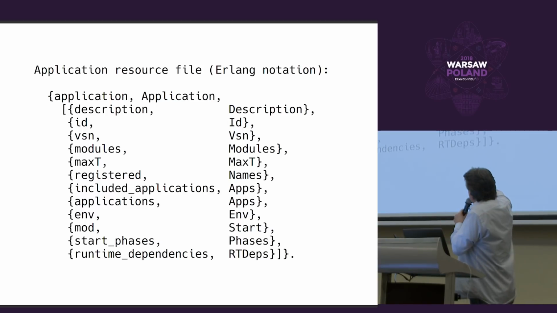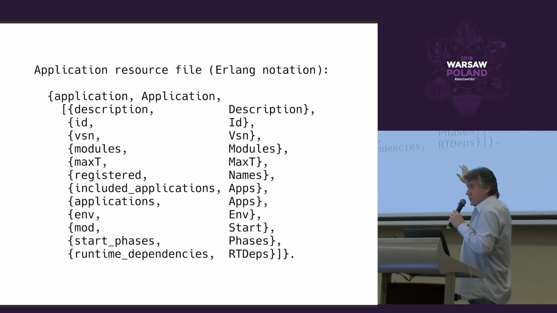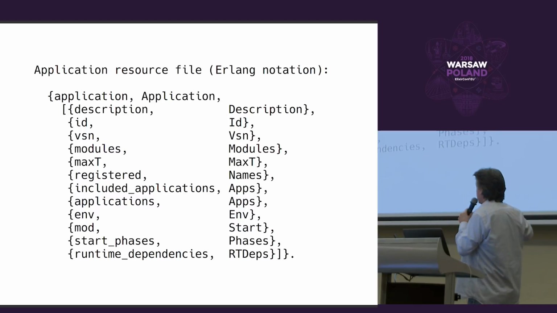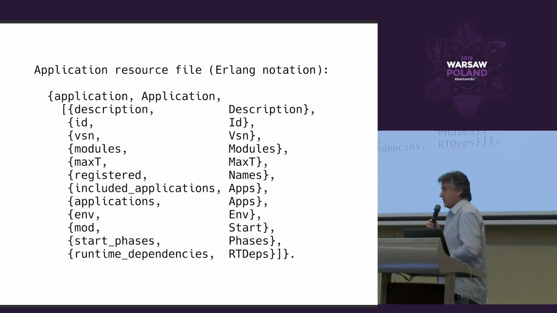And the words in uppercase are variables, and in this case, they mean that this key has some value, and the value is just a placeholder. This is the application resource file, and it has metadata about the OTP application. So you have here application, that's the uppercase Application, which has the name of the application.